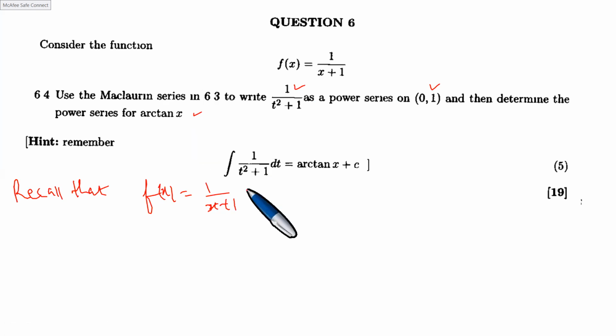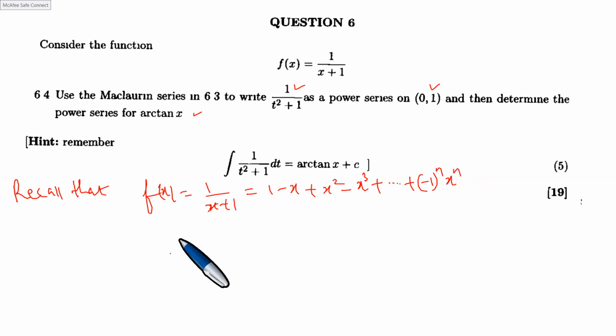So this one is the same as 1 minus x plus x squared, no, minus x cubed, plus dot dot dot, minus 1 to the n, x to the n.